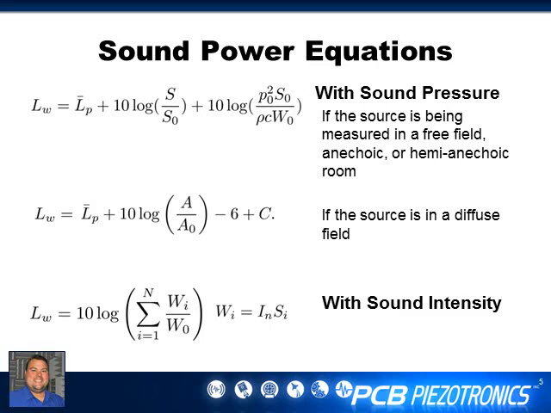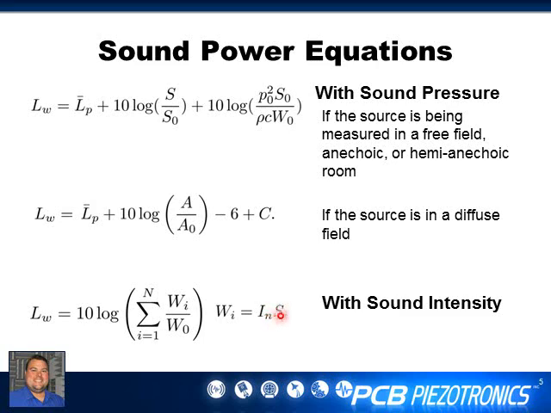On this slide you see the three equations that are used in calculating sound power from the various measurements we would actually take. In the first two equations, you see sound pressure is the very first variable.